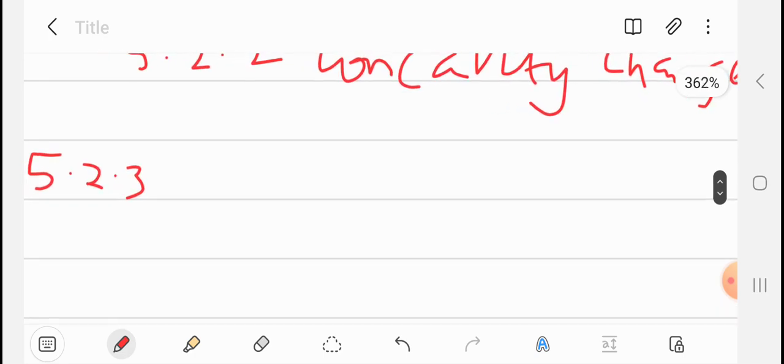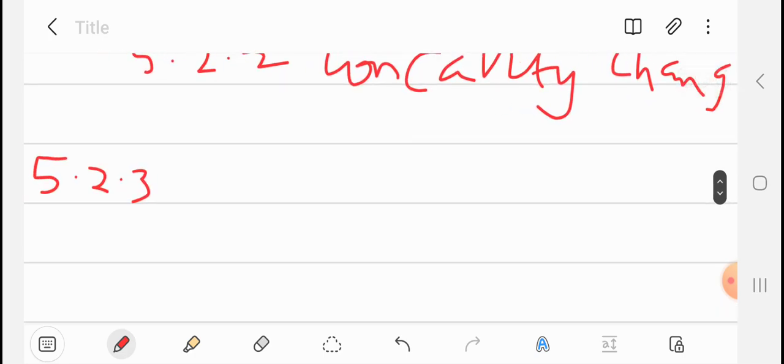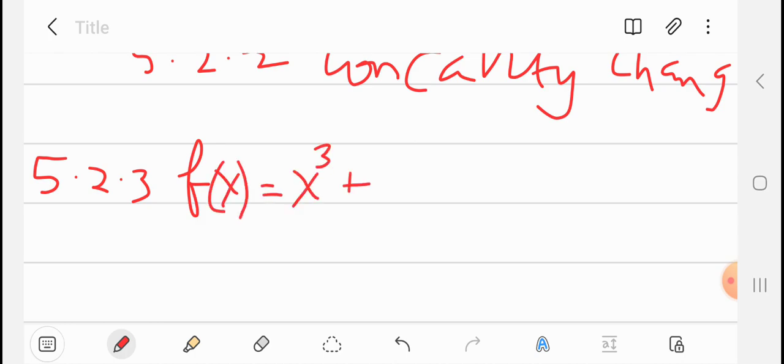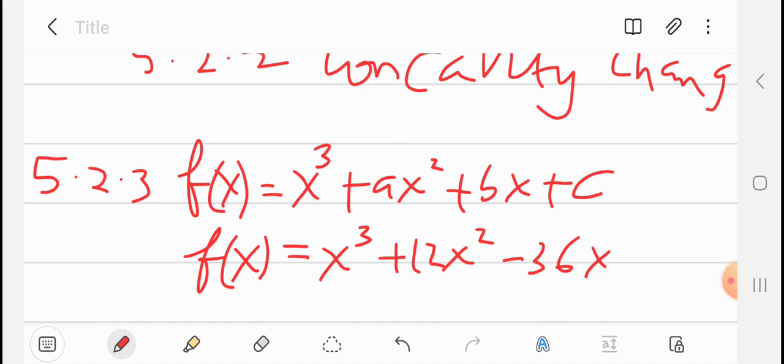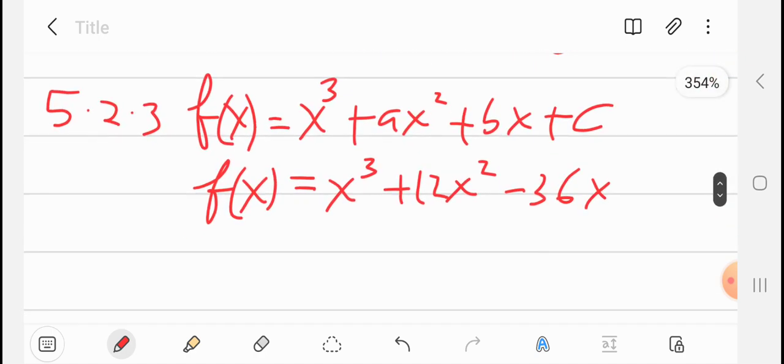We're going to do it as follows. We remember the function f of x equals minus x cubed plus ax squared plus bx plus c, so you plug in the values of a, b, and c that we've got. The value of a is 12, the value of b is minus 36, and the value of c is 0.